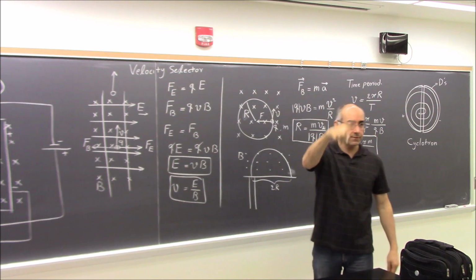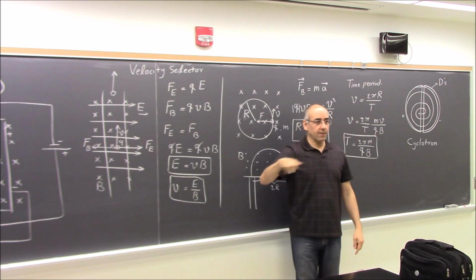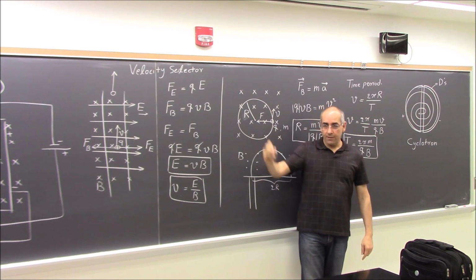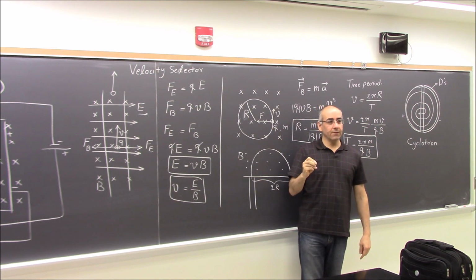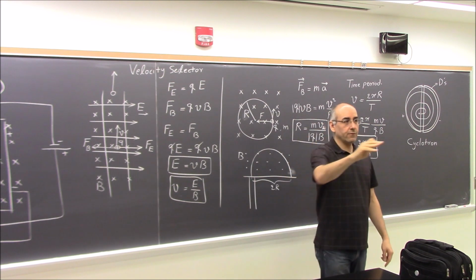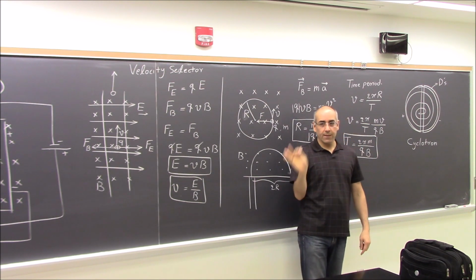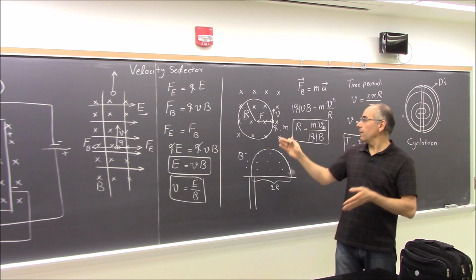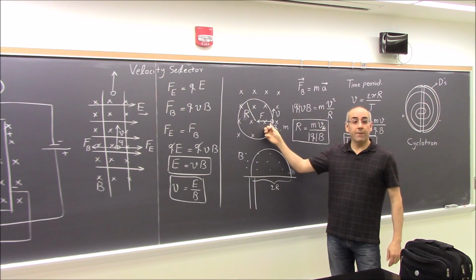It goes on a helix, like a spring. So as the particle goes around a circle, it also goes in one direction, perpendicular to the plane of the circle. And of course, this is all for a uniform magnetic field.